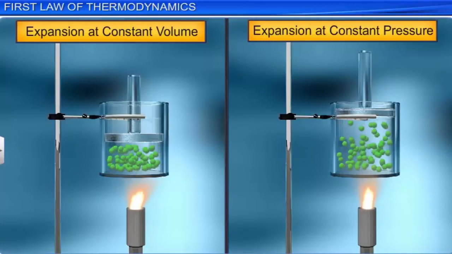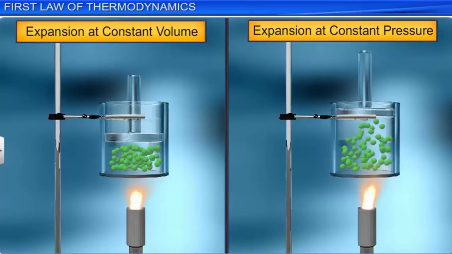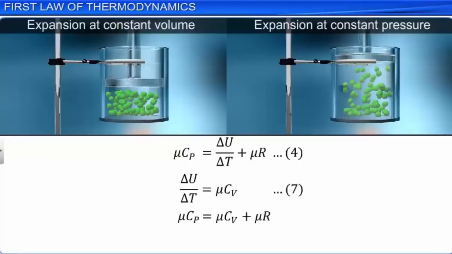From equations 4 and 7, we have mu Cp is equal to mu Cv plus mu R, or Cp minus Cv is equal to R. This is the relationship between the two molar specific heat capacities of an ideal gas.